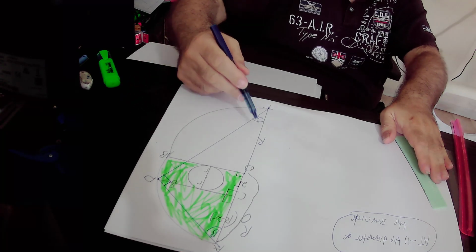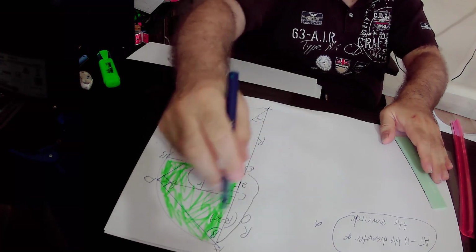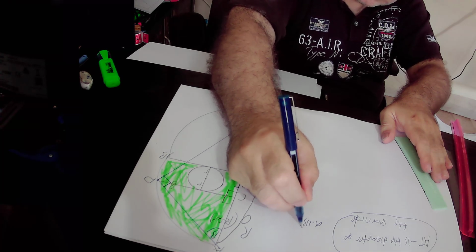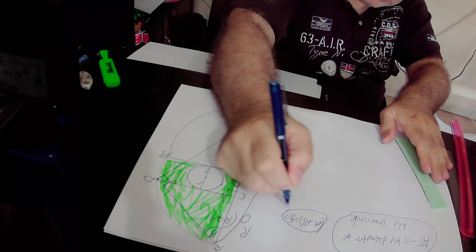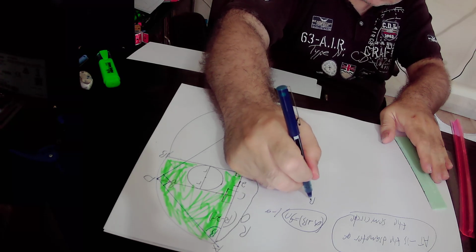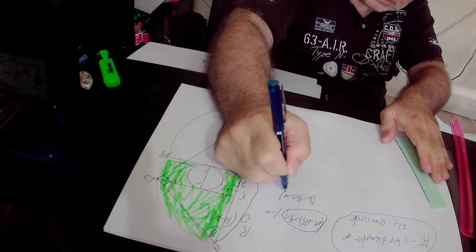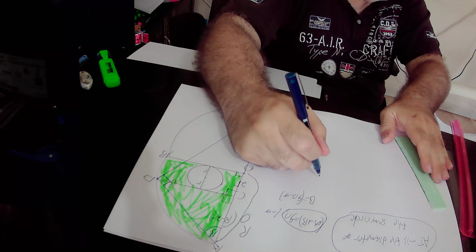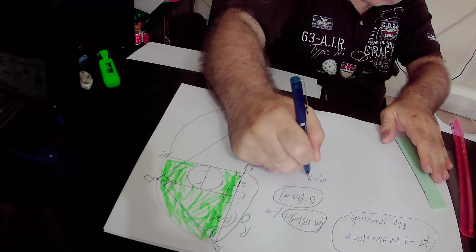That is to say, alpha plus beta must equal 90 degrees. Here we subtract alpha from this equation, and we get that beta equals 90 degrees minus alpha. We subtract beta from this equation, and we get that alpha equals 90 degrees minus beta.